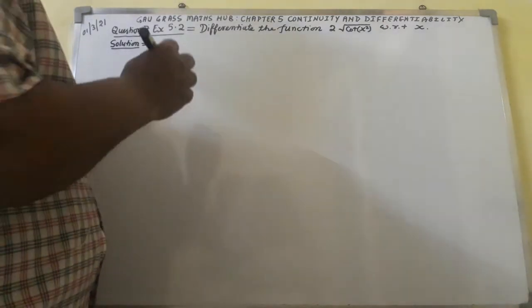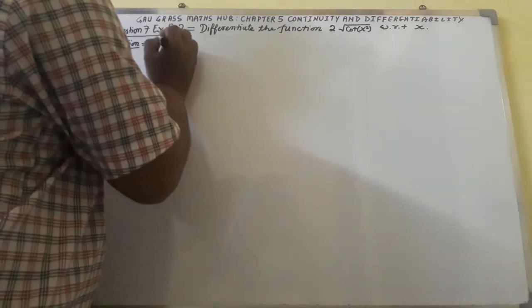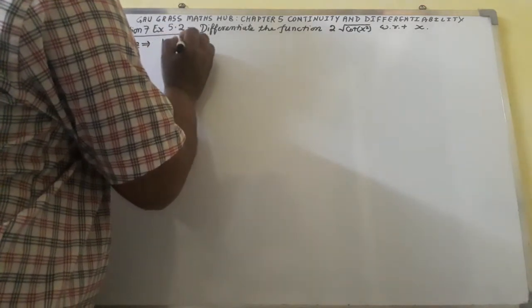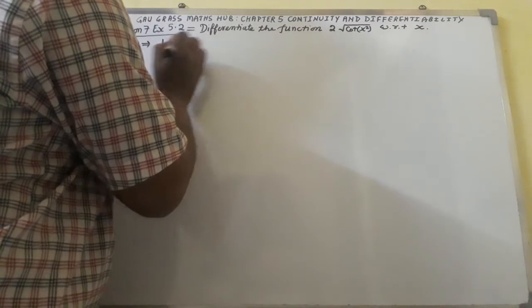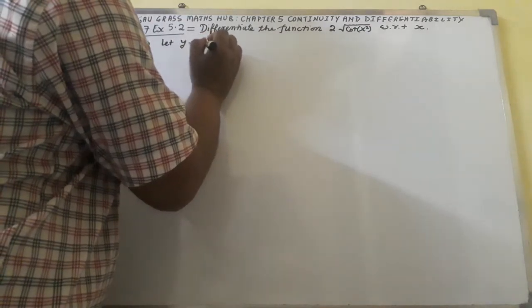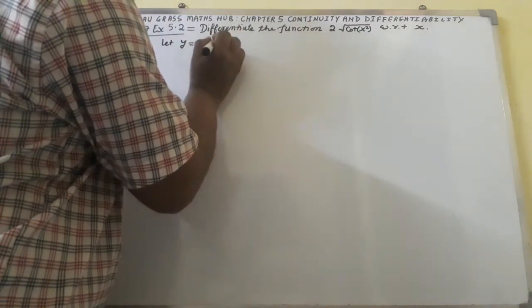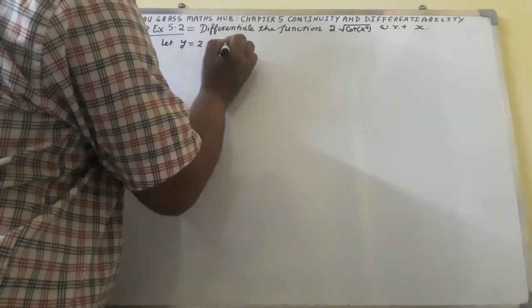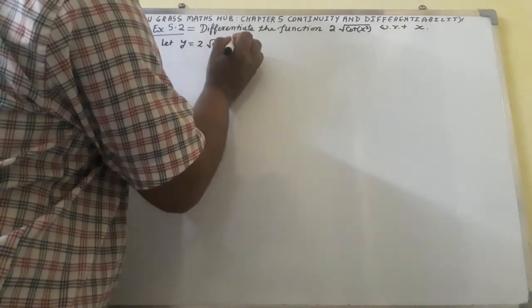So here I shall write, let y equal to 2 under root cot in bracket x square.